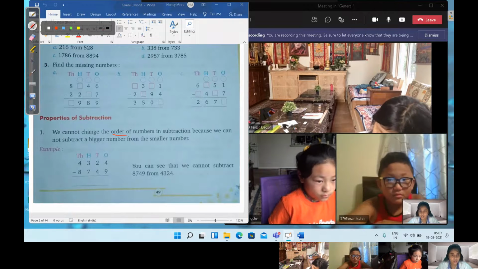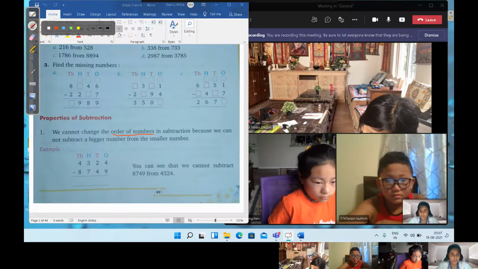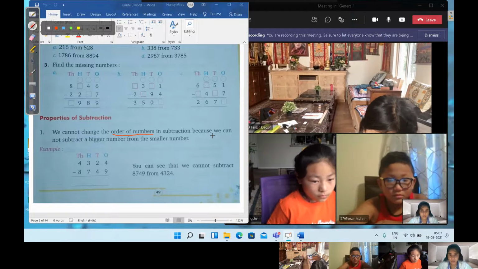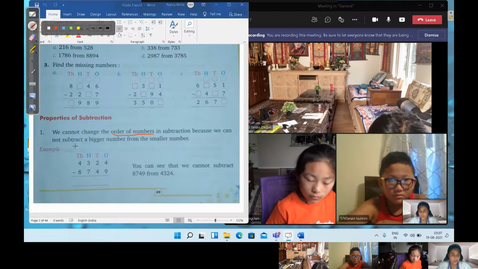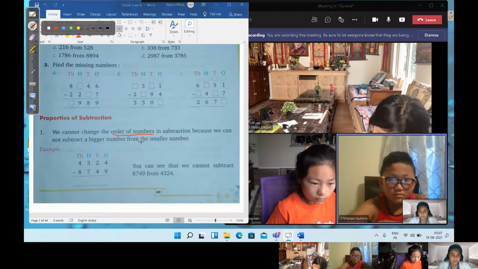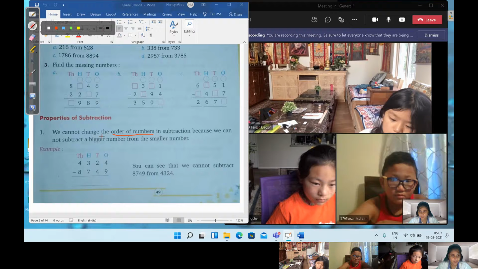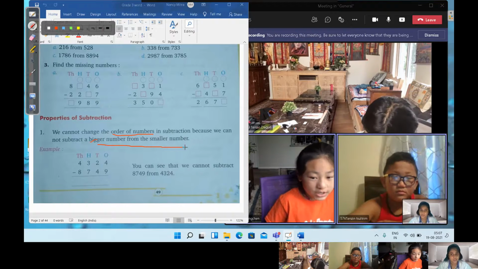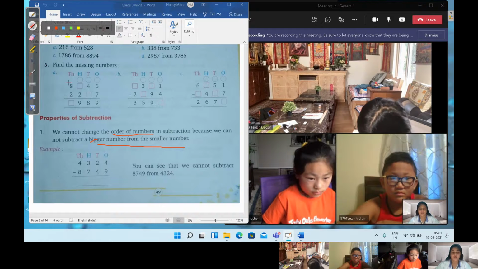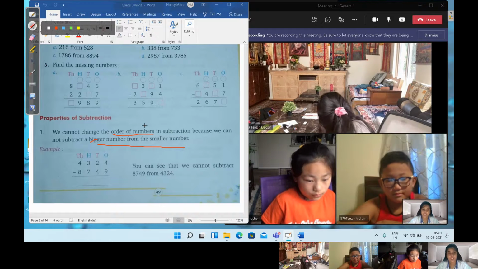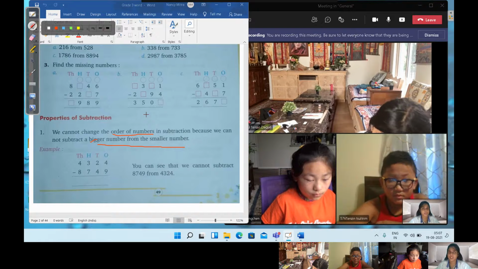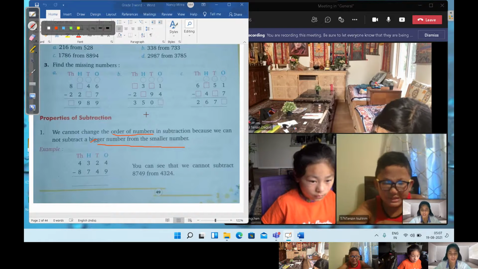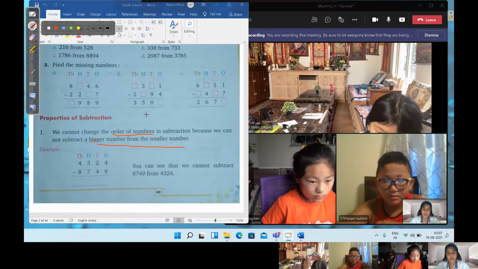It means we cannot change the order of the numbers in subtraction because we cannot subtract a bigger number from a smaller number. That is the property of subtraction. We know that in multiplication and addition, we can change the order, but in subtraction we can't change the order.